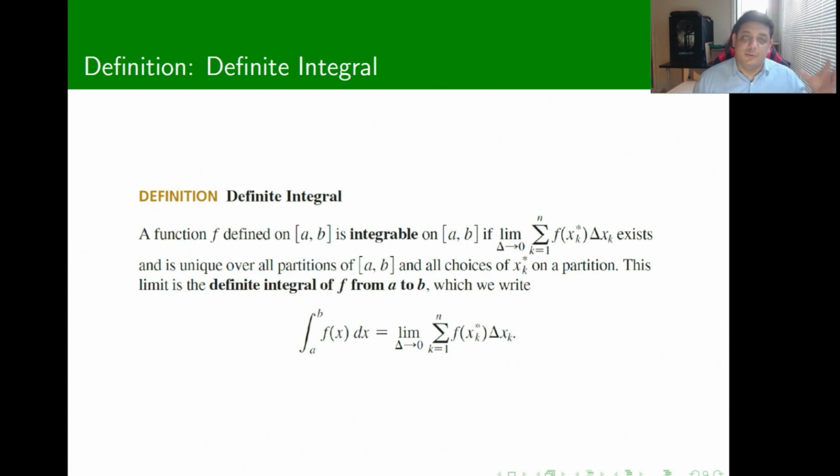So it doesn't matter if we're doing a left, right, or middle Riemann sum, or the size of the subintervals. It's always going to go towards the same number in the limit, and that number is called the definite integral from a to b. So now you can see the relationship between area and antiderivative.